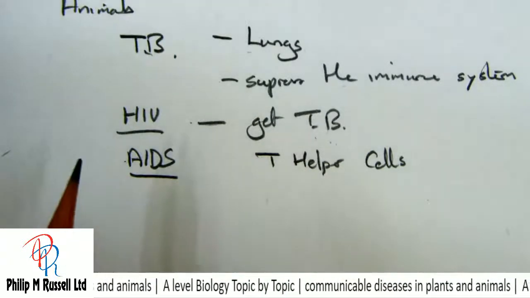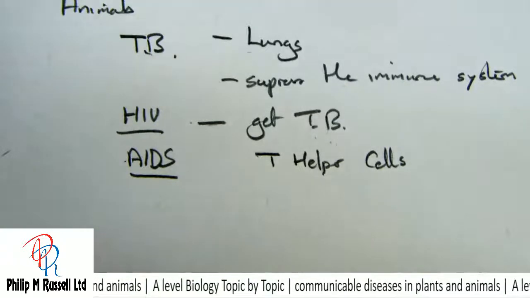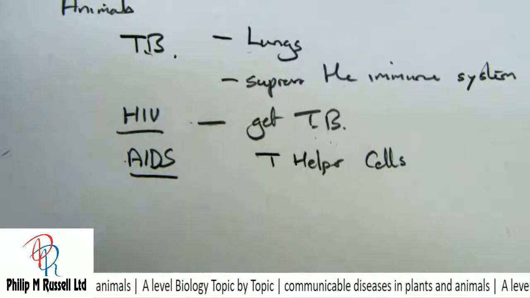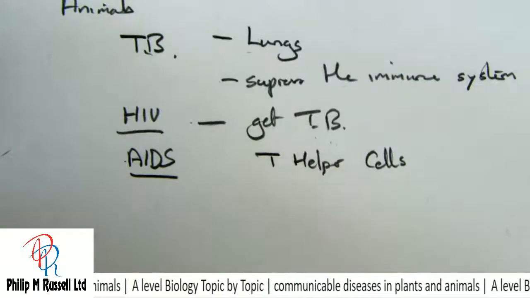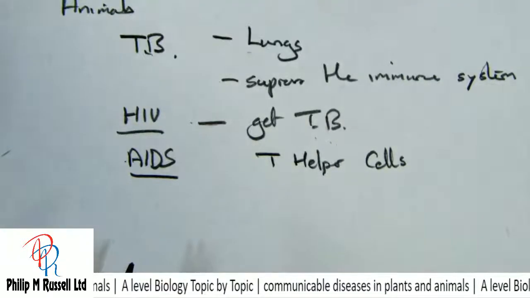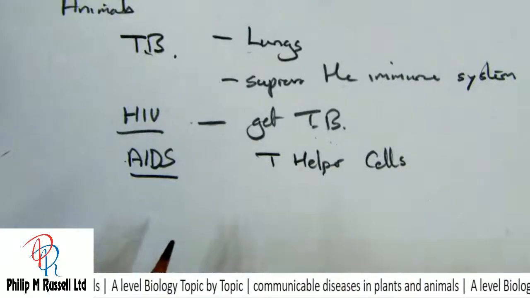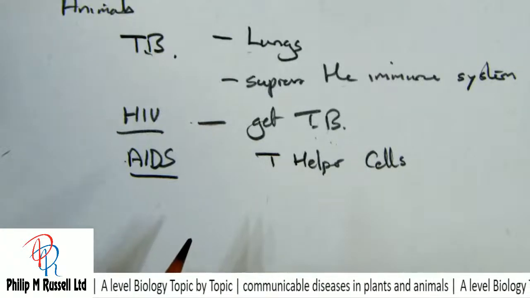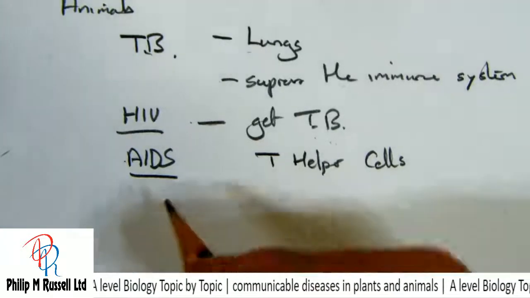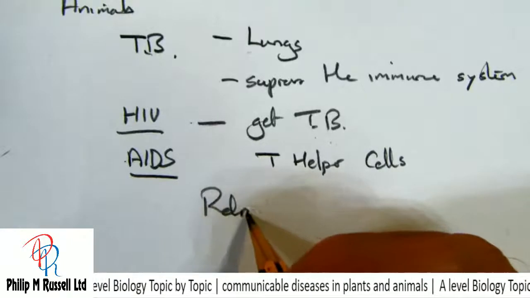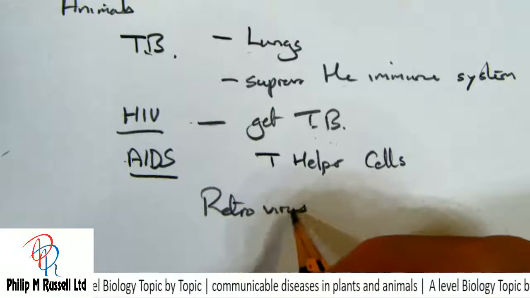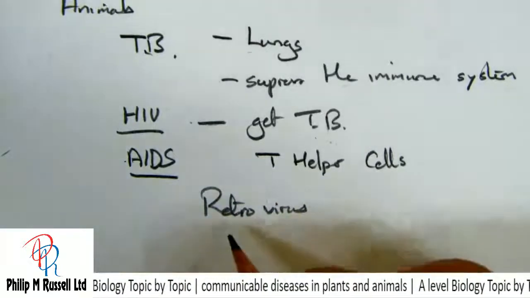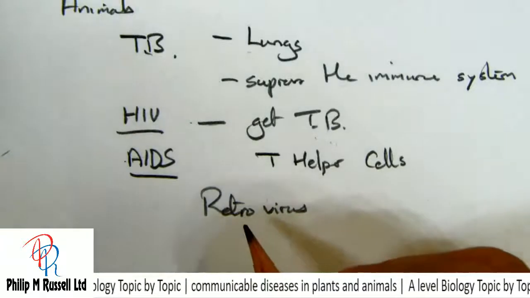And this is a particularly nasty thing to try and deal with, because we can also get pneumonia and some sorts of cancers. Now, HIV is a retrovirus. Very similar in that respect, I suppose, to the coronavirus.